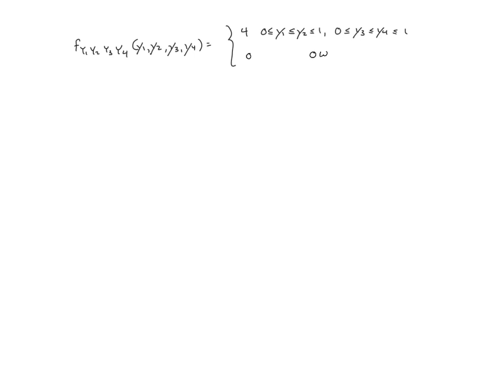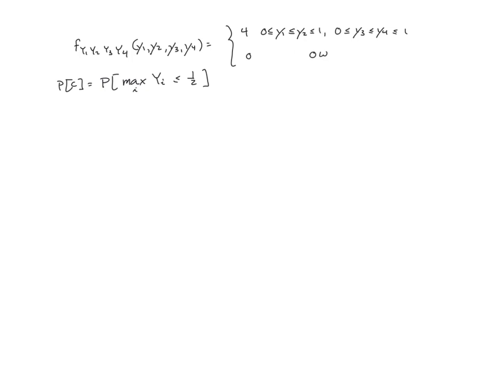And the problem we're solving is more or less the same. It's the probability that the max over the yi's is less than or equal to 1/2. But this is a 4-variable PDF, and it's hard to visualize or draw the 4-dimensional space.